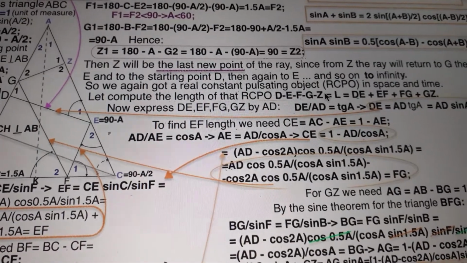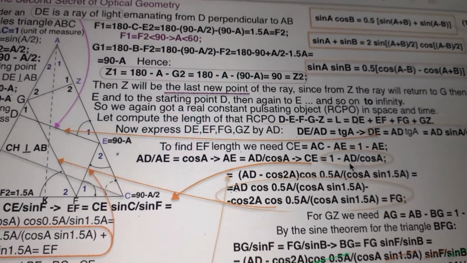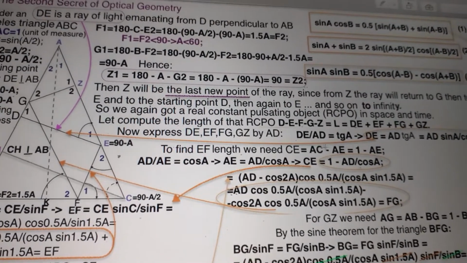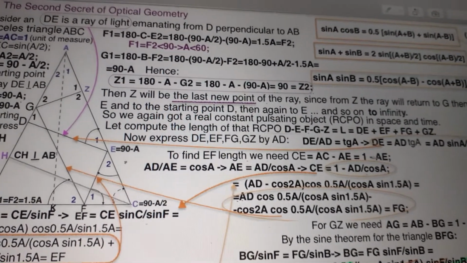And CE we get through the address of the starting point AD, and this is the value of CE.